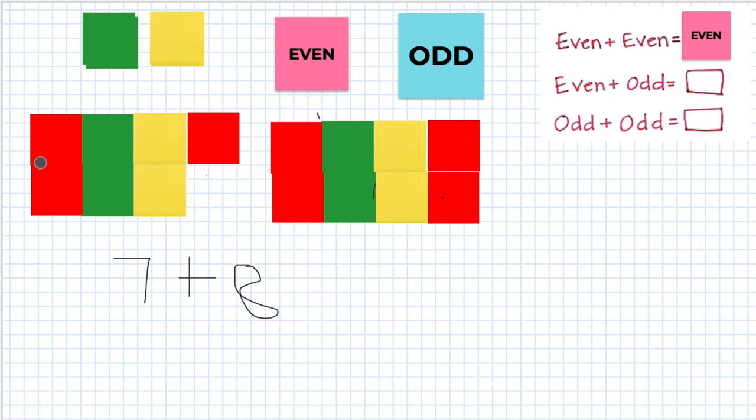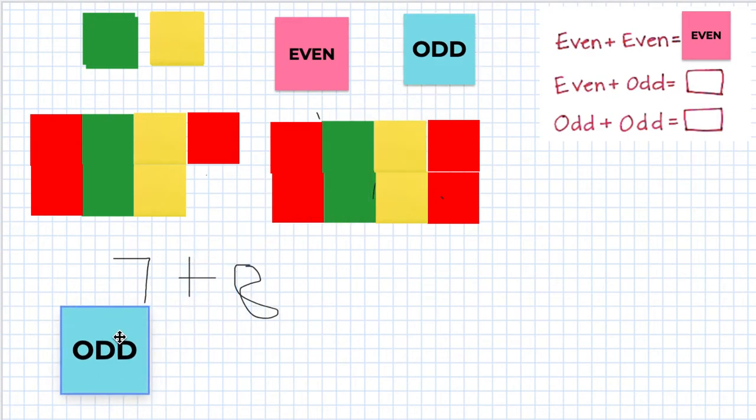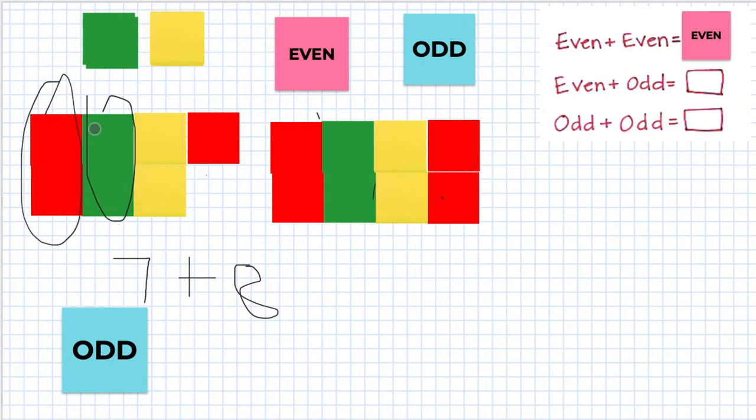Now we know that 7 is an odd number because there is 1 left over. So here I have my pairs, and there is a lonely one all alone with no pair. And we can't count by 2s and get to 7: 2, 4, 6. Nope.